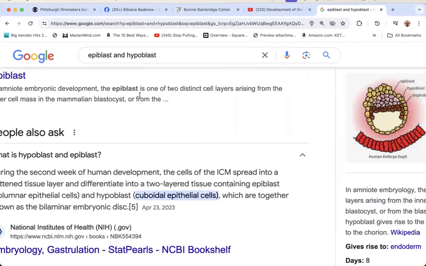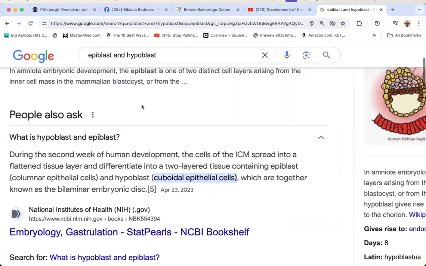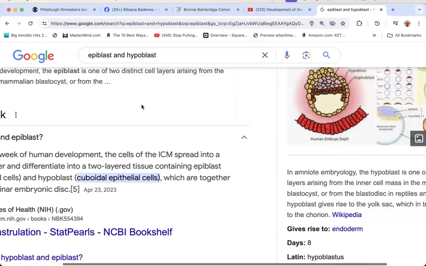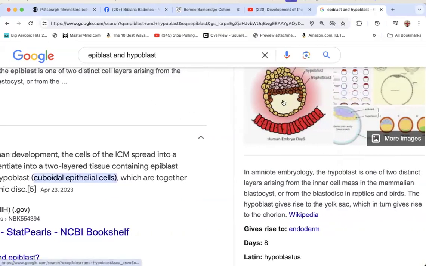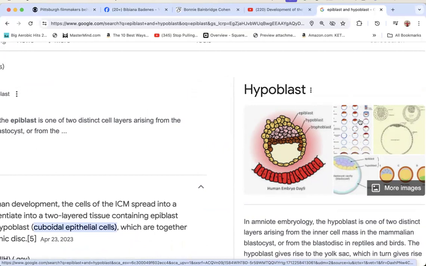In the beginning, the epiblast is one of the two distinct layers arising from the inner cell mass of the blastocyst. The blastocyst becomes the morula. And the morula implants through the back, as it passes out of the fallopian tube and travels across the uterus and implants in the wall of the uterus.